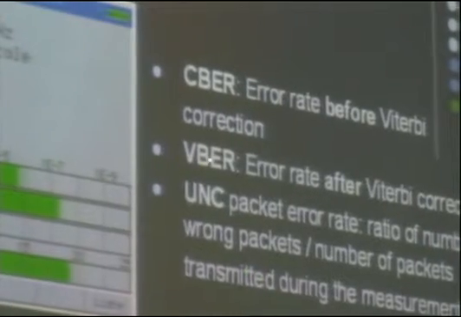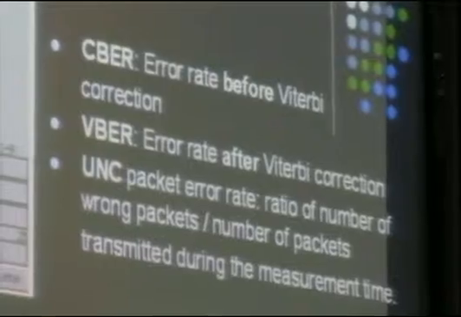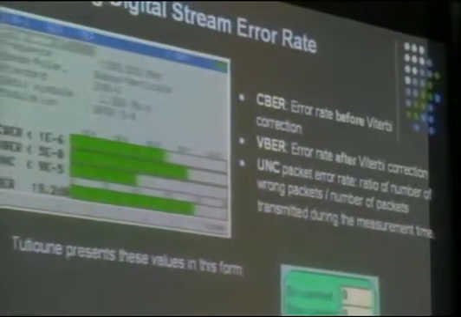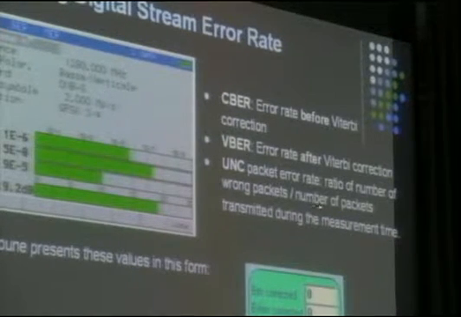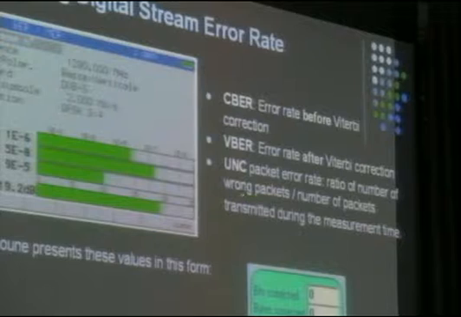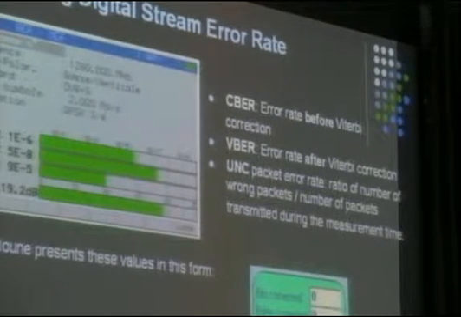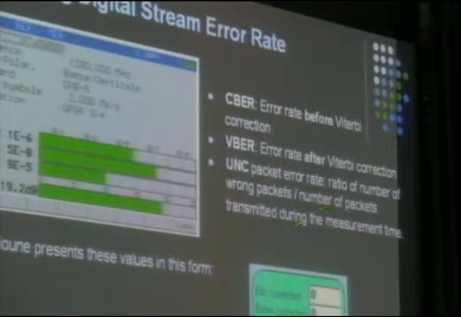You have the VBER, error rate after Viterbi correction, and the UNC, I don't know the pronunciation exactly in English, is the packet error rate, the ratio of wrong packets behind good packets.